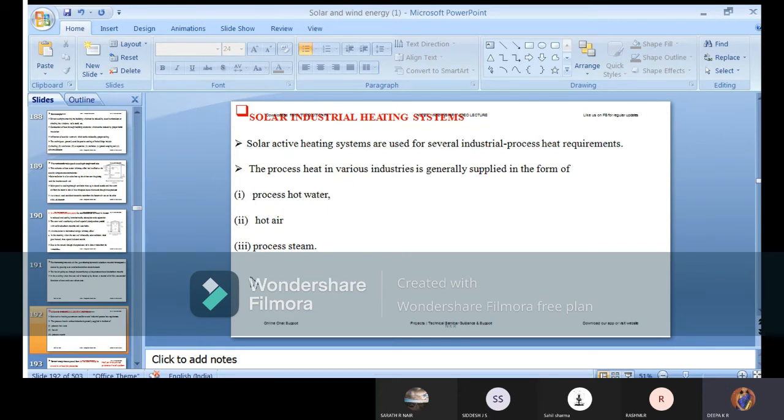In this, heat exchange can be done in two formats: one in terms of water, another in terms of steam, and one more in terms of air. That means two liquid conditions and one gaseous. Of course, process steam can also be considered a gaseous form. So hot water, hot air and process steam are the three kinds we use in industries. We'll see one by one how they are approached.